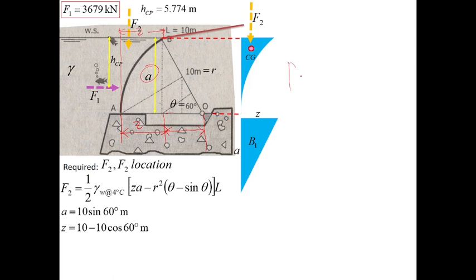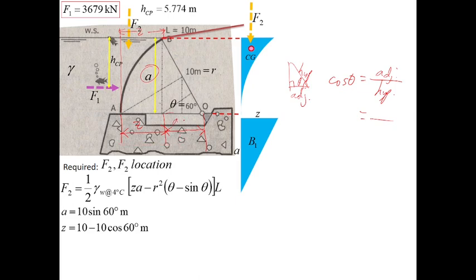Kung adjacent, ito yung adjacent side, ito yung angle theta, ito yung hypotenuse. So, cosine siya ngayon. Right triangle. Cosine theta is adjacent over hypotenuse. So, in that case, ang adjacent natin ay itong part na to.